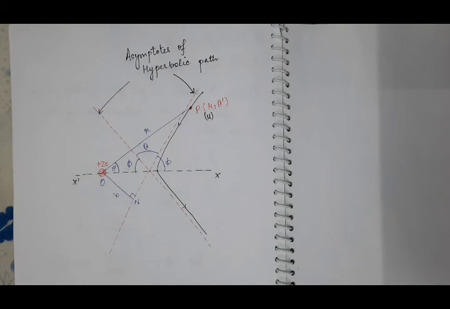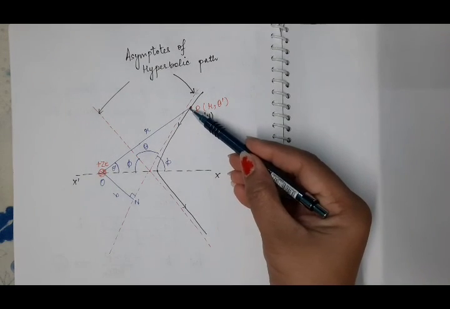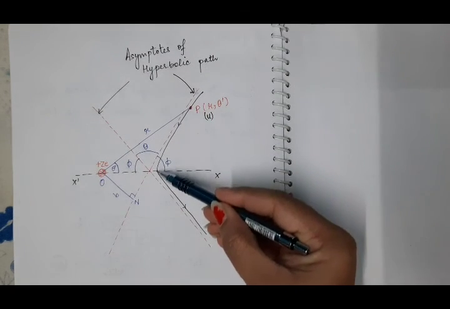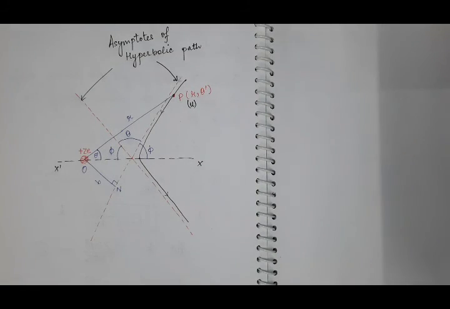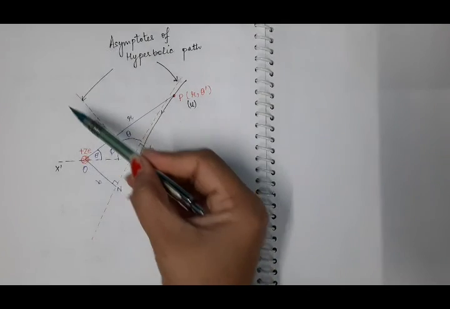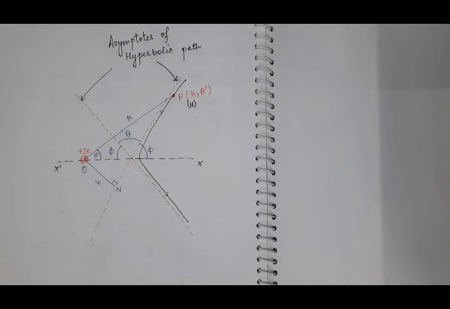So as we can see, this particle is following the hyperbolic path, and we will prove mathematically that the equation which we will get will be of a hyperbolic path. So this is the trajectory followed by the particle in case of Rutherford scattering. And you might have studied in your geometry, maths, that these are the asymptotes of the hyperbolic path.